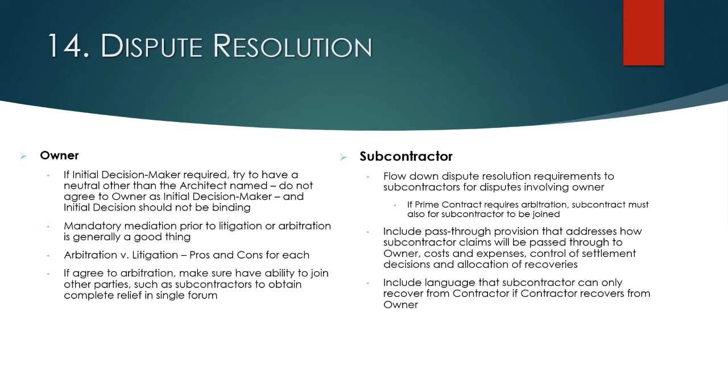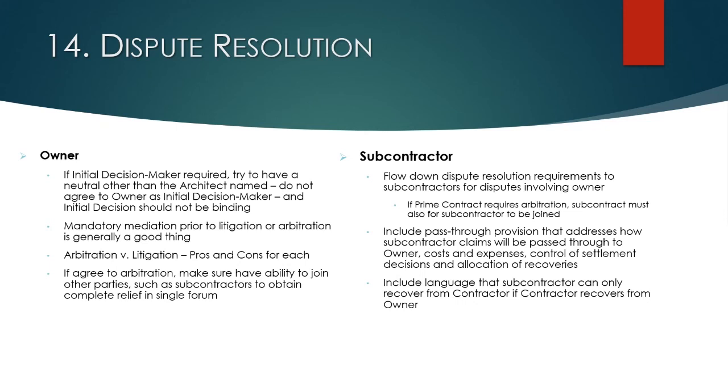It forces matters to get relitigated, adds expense, and in some instances is a real inhibitor to getting the case resolved because not everybody's in the case. For example, if you're sued by the owner in arbitration, you want the ability to bring in your subcontractor, or whoever you think is responsible for the problem, and you don't have to wait until that arbitration is over to deal with that issue.